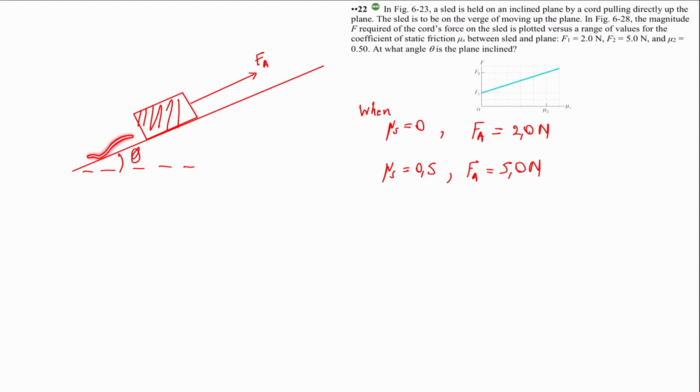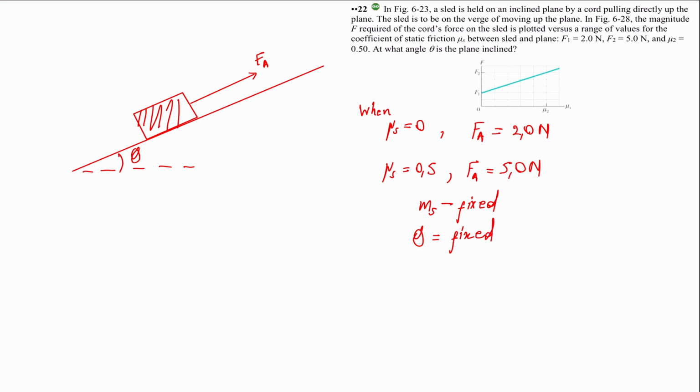We're changing the roughness of the incline because mu s is changing according to this plot. And when we change the roughness, we see that the force also changes. But the sled is not changed, which means the mass of the sled is fixed, and also theta, the angle of inclination, is fixed.